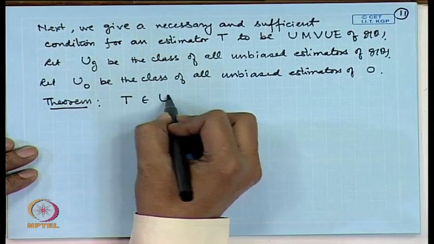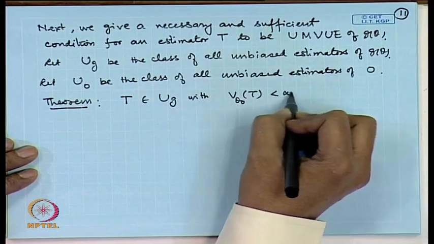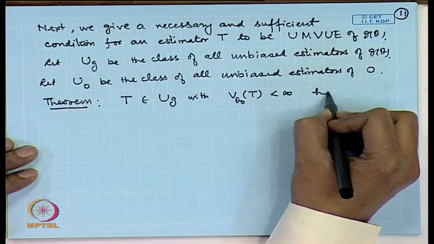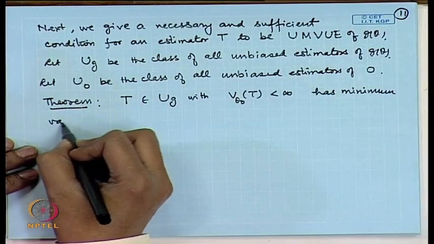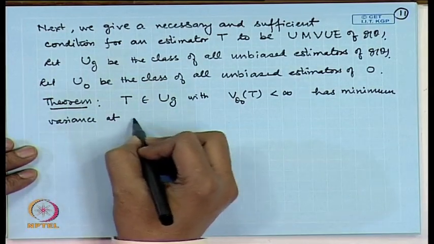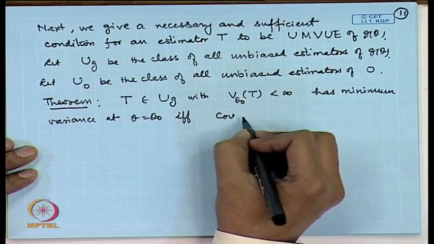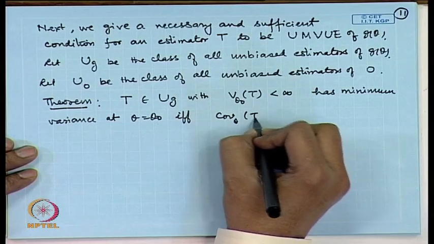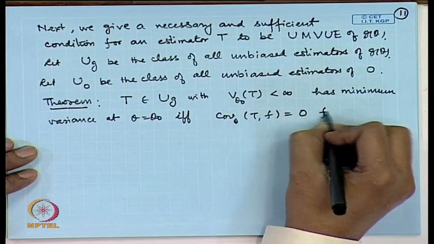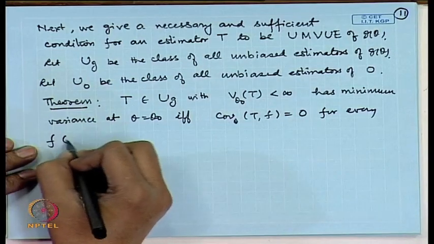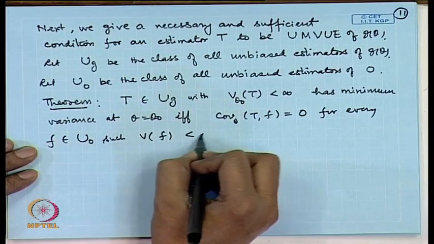So, T belongs to U g with variance of T finite. So, this has minimum variance at theta is equal to theta naught if and only if covariance of T with f is 0 for every f belonging to U 0, for which variance of f is finite.